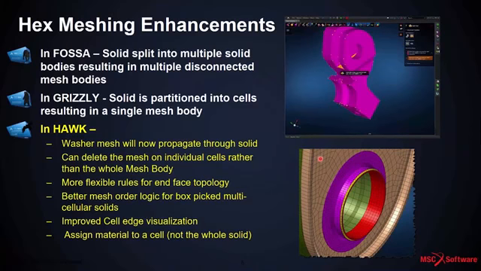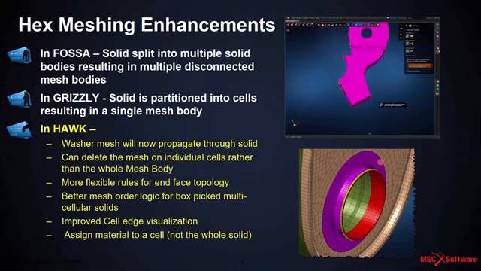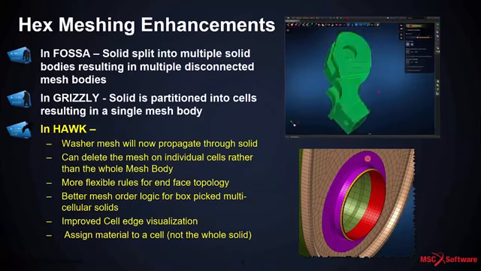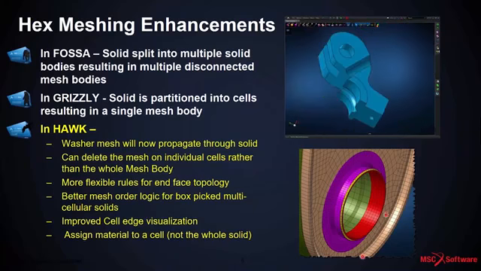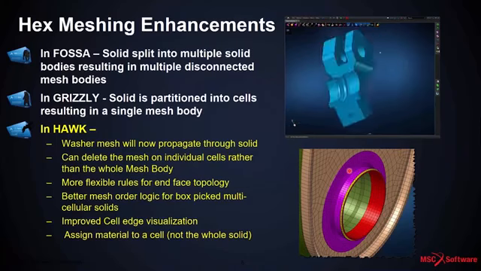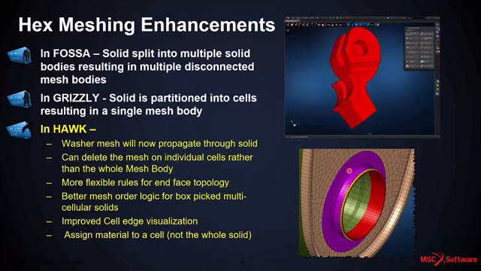Likewise, purple is the hex mesh and the brown is the shell mesh, although it is a single body, and we used the split to create this region to be hex meshed. Now in Hawk, you have a continuity of the mesh between the red and the purple, and also between the purple and the yellow and the red and the yellow. And now you can define a different material property for the weld representation, which makes it very unique.